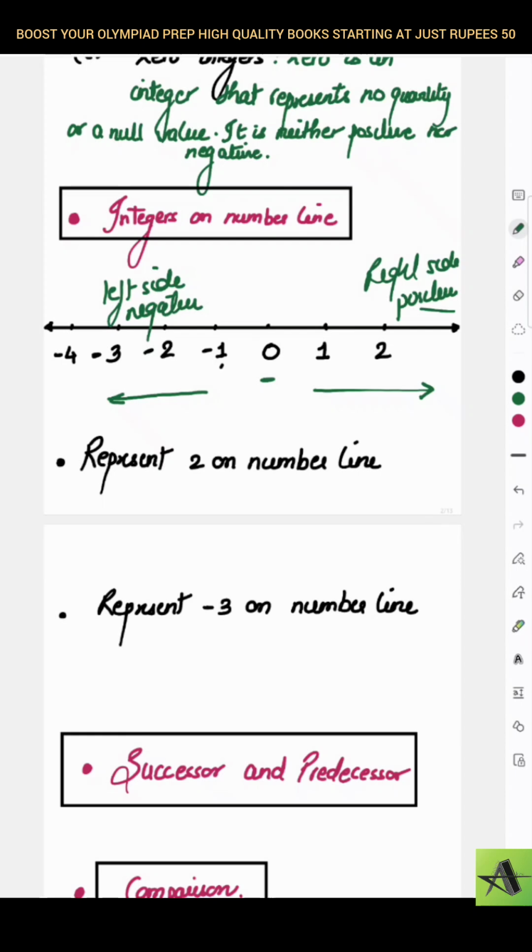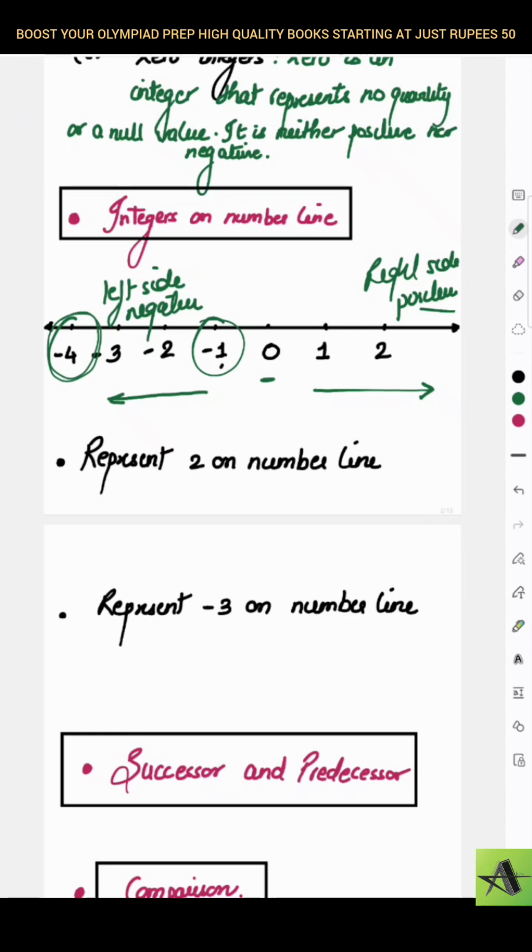Say for example, I take -1 and -4. This is the most common misconception, students make this kind of mistake. If I ask which is greater between 1 and 4, your obvious answer would be 4, which is correct. But if I ask about -1 and -4, saying -4 is greater is not correct.